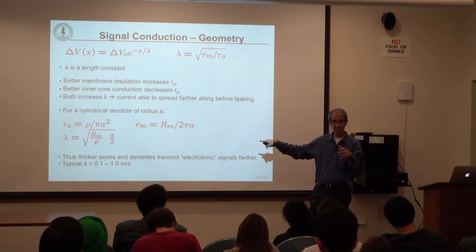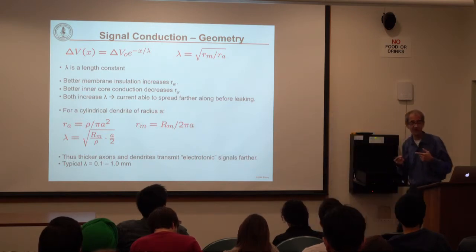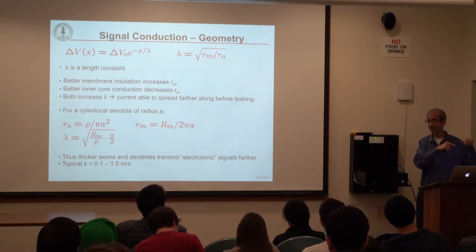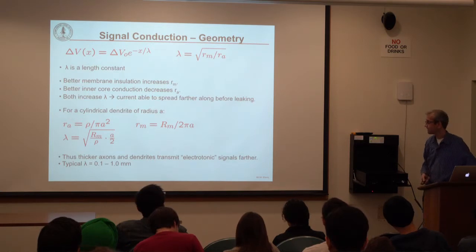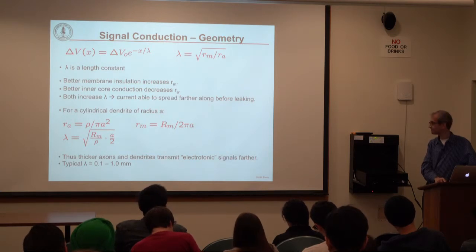Because it's just a wire, maybe there's some R and C, some passive elements. You have not seen yet an active element, like a transistor where an external power source is employed. We will in a second. That's what action potentials are all about, okay? So what's a typical lambda? You know, something a little less than a millimeter, okay?